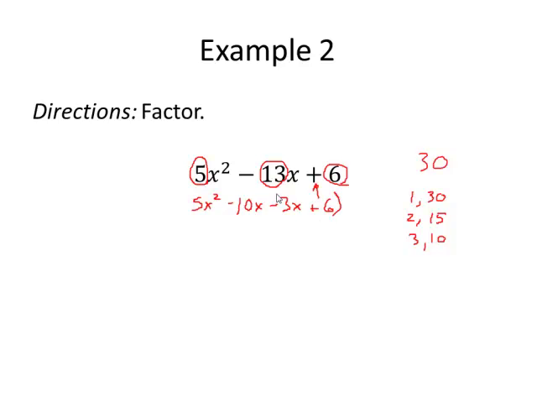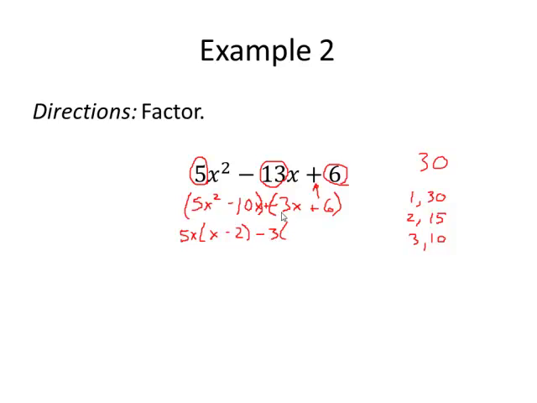Okay, so I'm going to group these together, and I'm going to group the negative sign inside because the negative goes with that number. Okay, so I have to put a plus here because it's not multiplication between there, it's still a plus. I'm going to take out my greatest common factor, which is 5x, and what's left is x minus 2, and here I'm going to take out a minus 3.